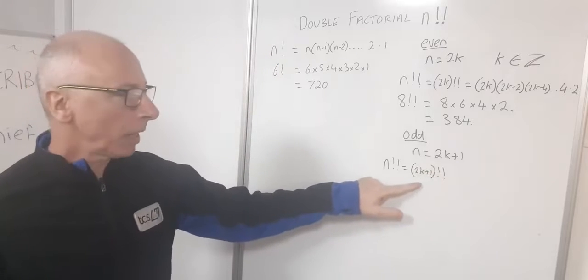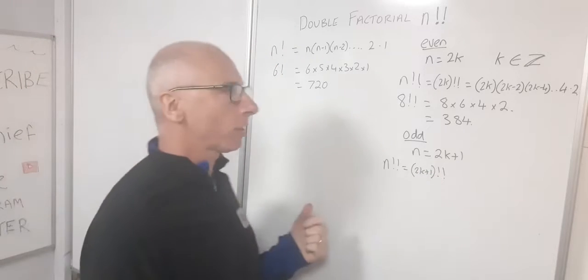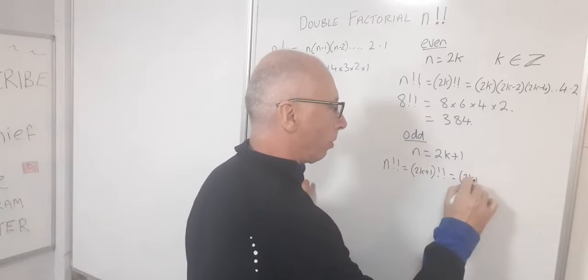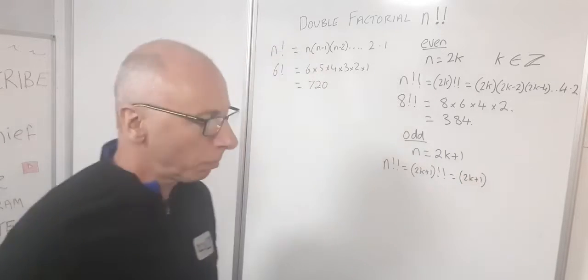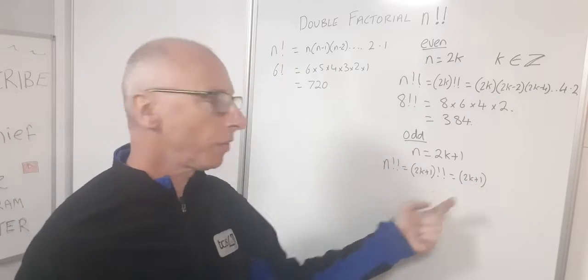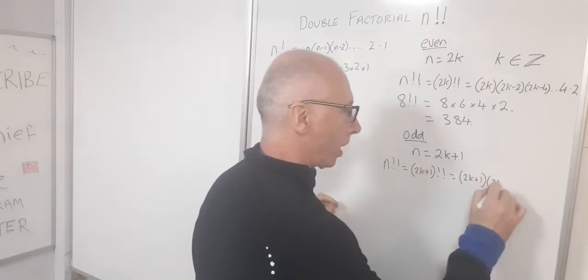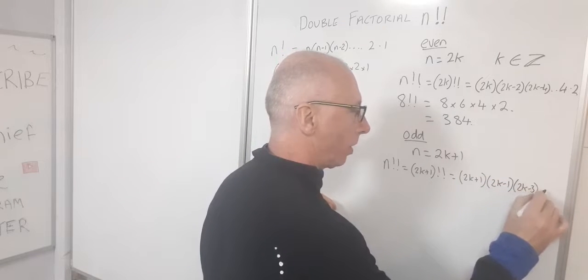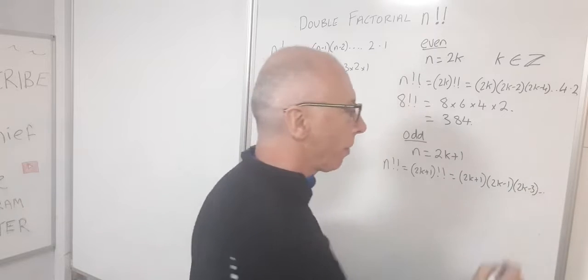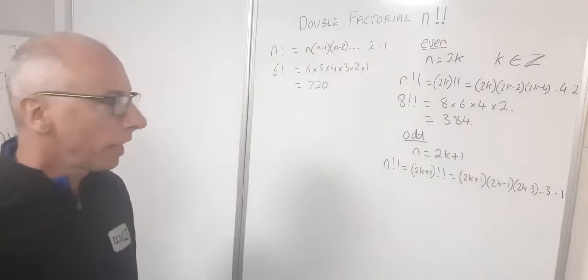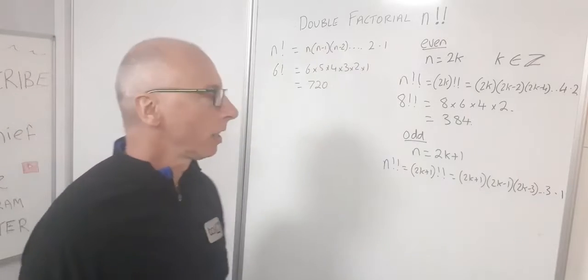Again, take care to make sure that goes in brackets, otherwise that's going to confuse. So that equals 2k plus 1, our first number, and then we need to subtract 2 every time. So if you subtract 2 off this, we get 2k minus 1, 2k minus 3, and so on. And then we multiply by 3 and by 1. That's our last 2 integers that we multiply this by.